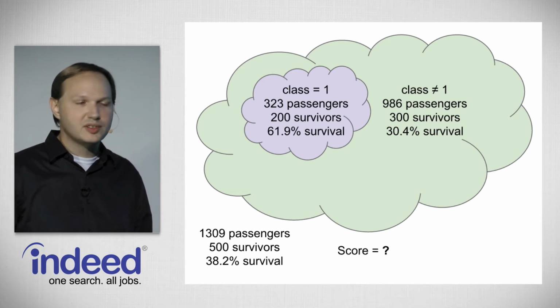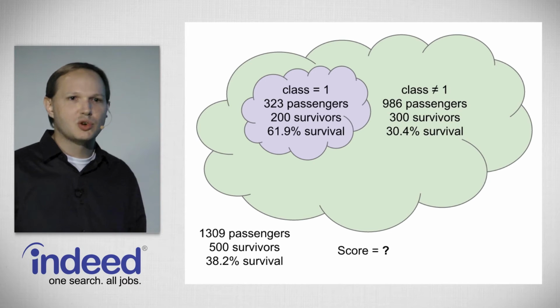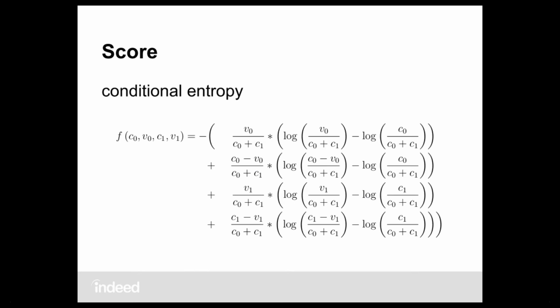But we're going to try a lot of different ways for splitting this data up. So we need some sort of way to score this split. For this example, I'm going to use conditional entropy. I've put the full expanded formula for that on the board here. I'm not going to go into details on that. But the spirit of conditional entropy is if you know some additional piece of information, it helps reduce the uncertainty about a prediction.